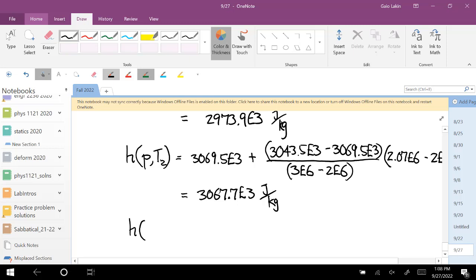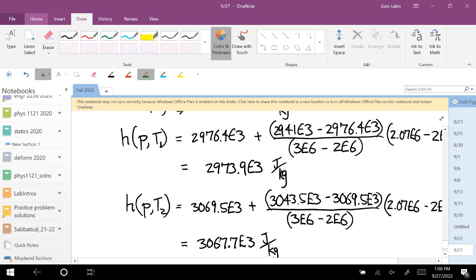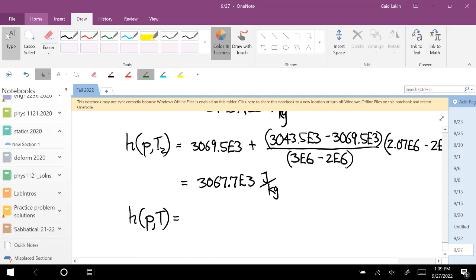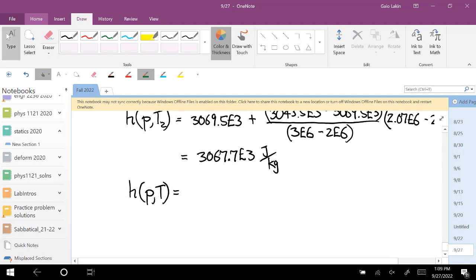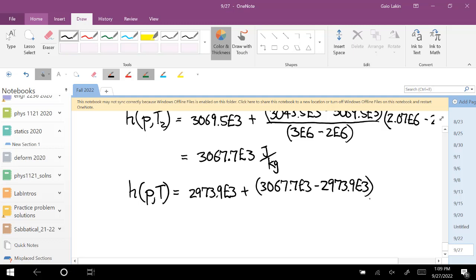So specific enthalpy at PT, so now this is at the pressure and temperature we want, is 2973.9 plus the quantity 3067.7 times 10 to the 3 minus 2973.9 times 10 to the 3.